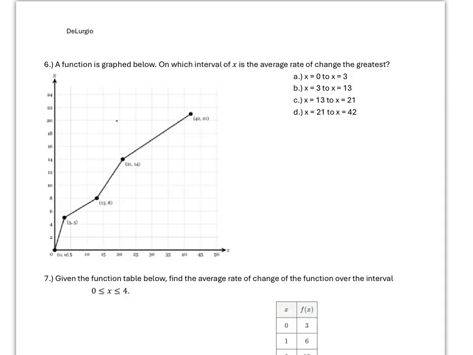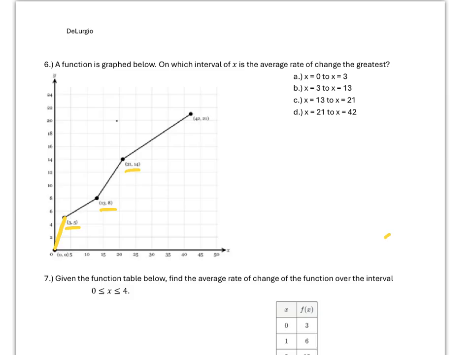Okay, you will be asked questions like this as well. It says a function is graphed below, on which interval of x is the average rate of change the greatest? When you can visualize it, the greatest average rate of change will be the one that is going up the fastest. If you're not sure, you have ordered pairs and you can always plug them into your slope formula.